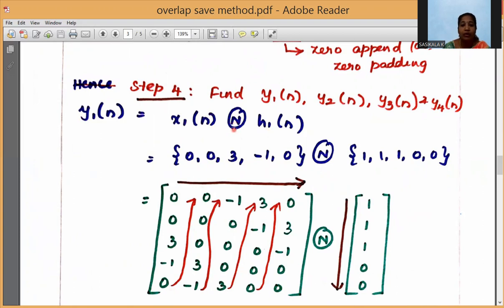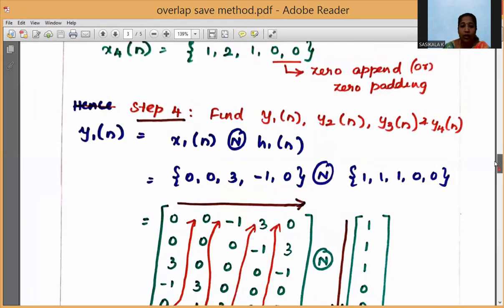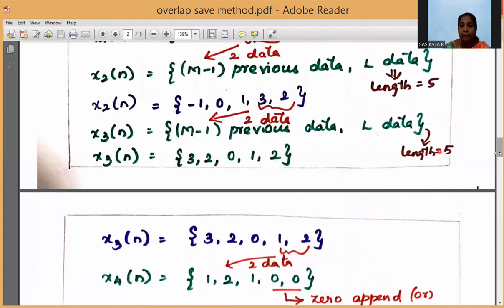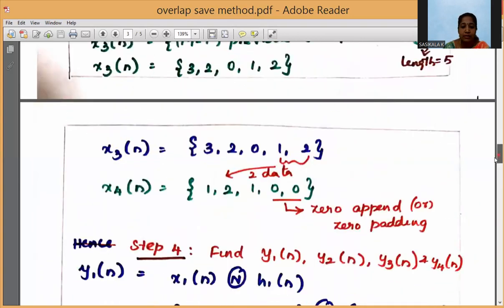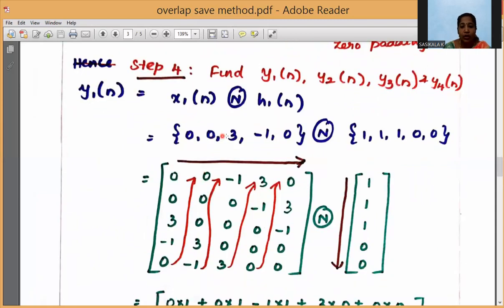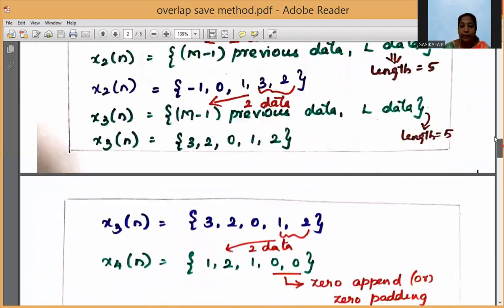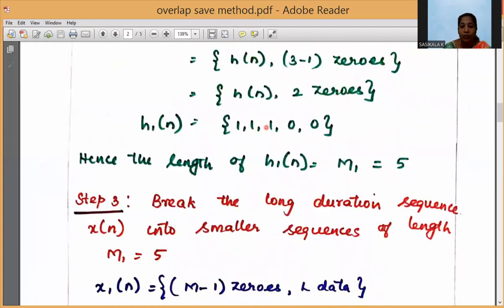This is the symbol we are using for circular convolution. So x1 of n we have got to be 0, 0, 3, minus 1, 0, circular convolution with h1 of n, whose value is 1, 1, 1, 0, 0.